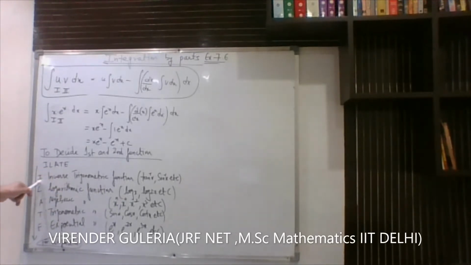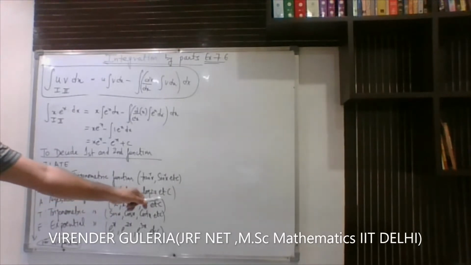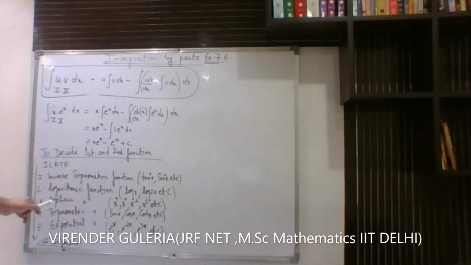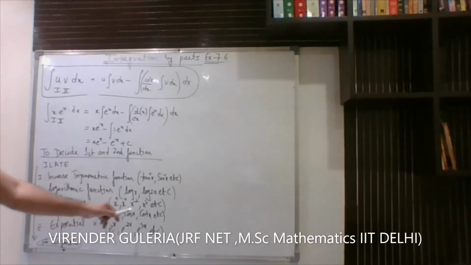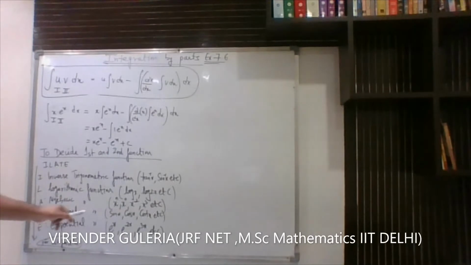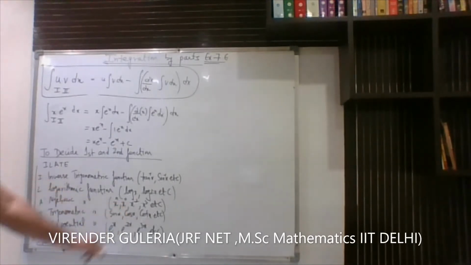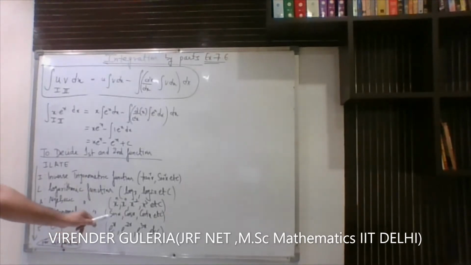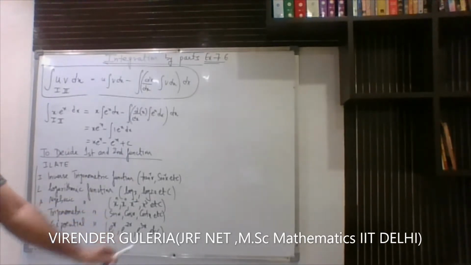Here I stands for inverse trigonometric functions, for example tan inverse x, sine inverse x, etc. L stands for logarithmic functions, log x, log 2x, etc. Then we have algebraic functions, x to the power n, x to the power 0, x to the power minus 2, etc. Then we have trigonometric functions, sin x, cos x, cot x, etc. Lastly we have exponential functions, e to the power 2x, e to the power minus 2x, etc.